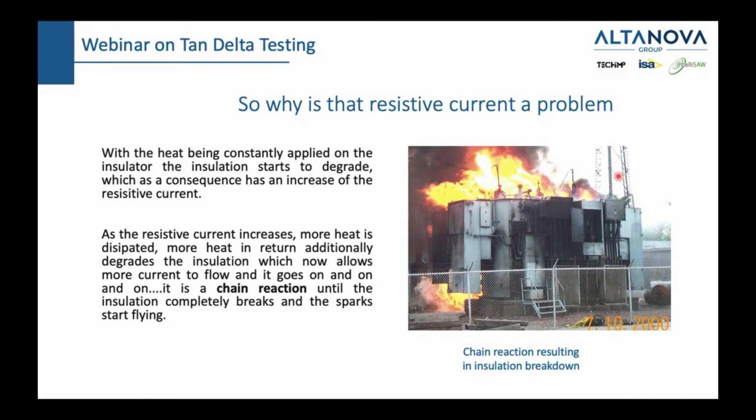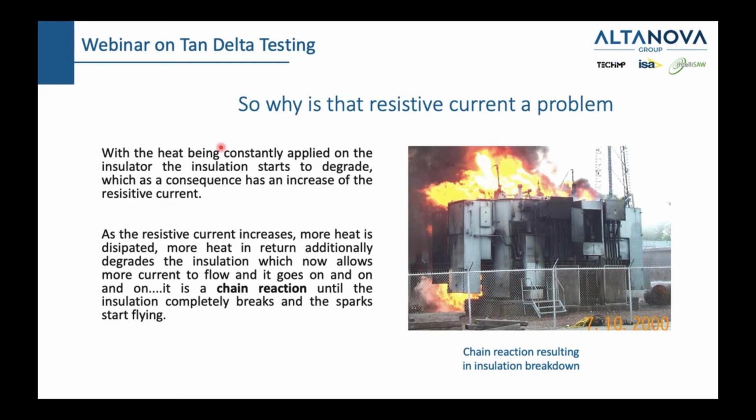And because we don't want something like this happening, we want to keep under control the state of our insulation. So with the heat being applied constantly on the insulator, the insulation starts to degrade, which as a consequence has an increase of the resistive current.